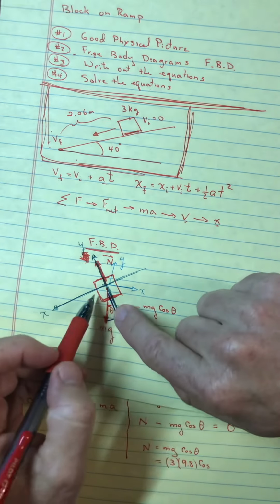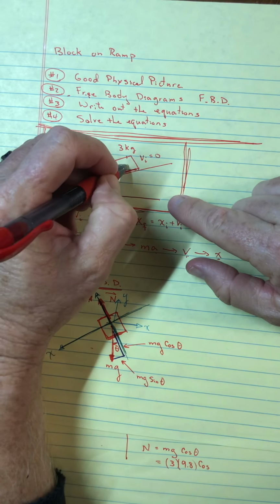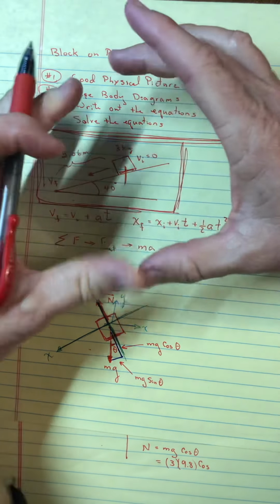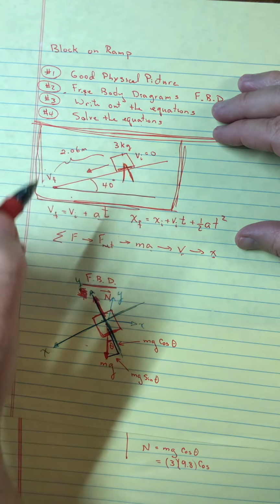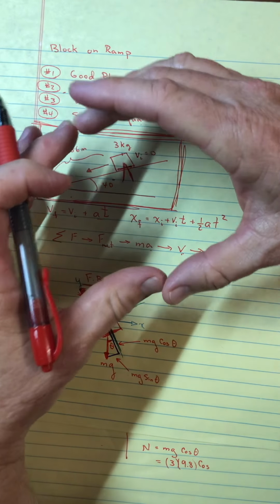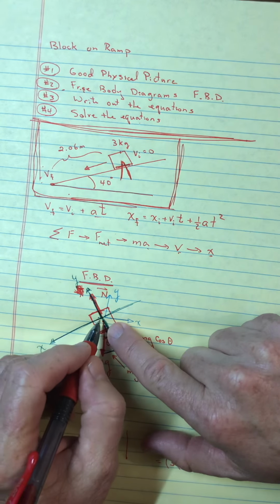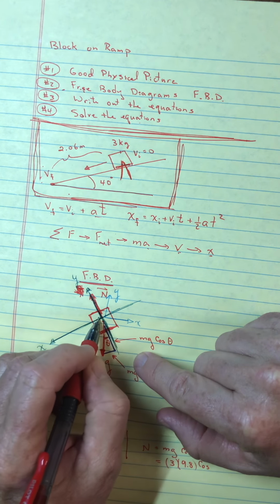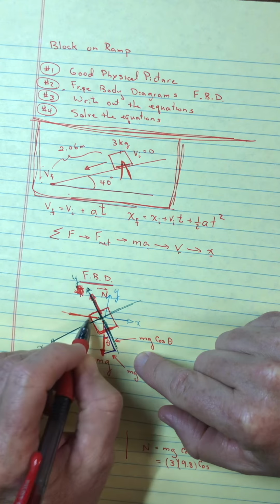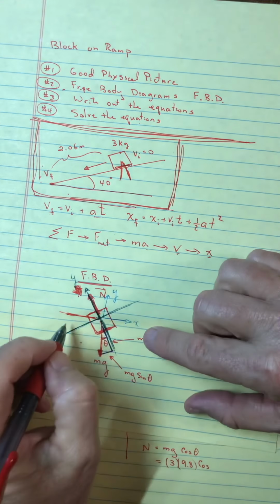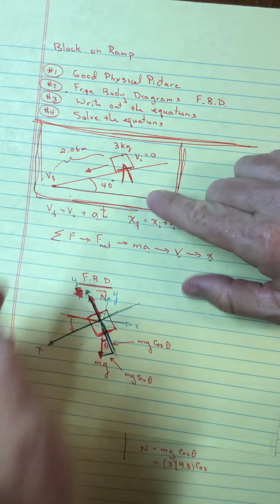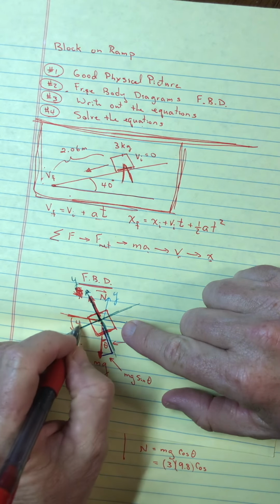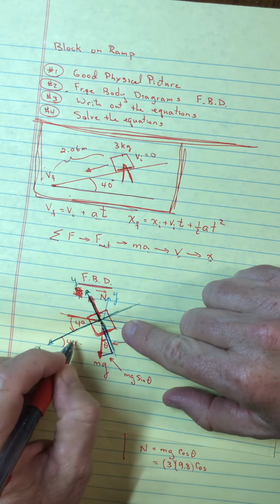Take that mental picture back up to here, because if you go straight down and then you twist it so that it's here, how much do you twist it? Well, I would say it's the same thing that you did over here. Remember, the x-axis would have been horizontal, and you twisted it until it got down to the same as the incline, which means you're twisting it 40 degrees.